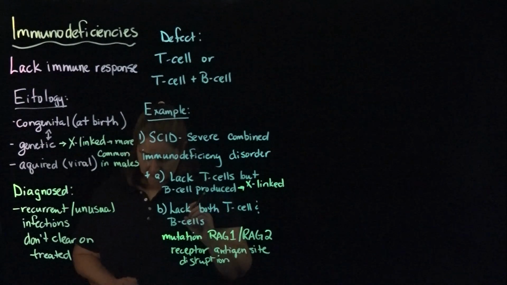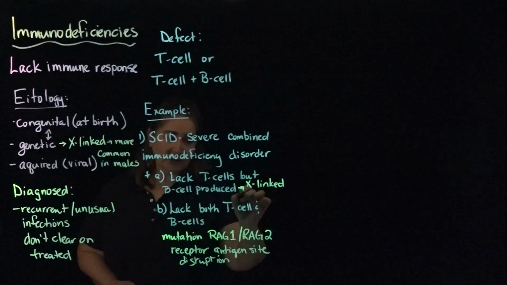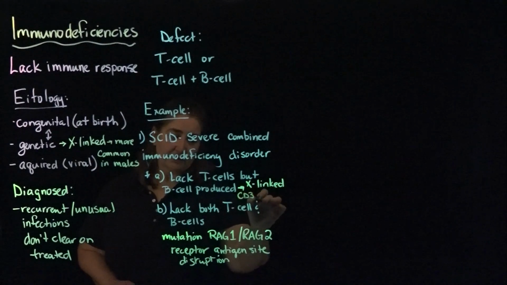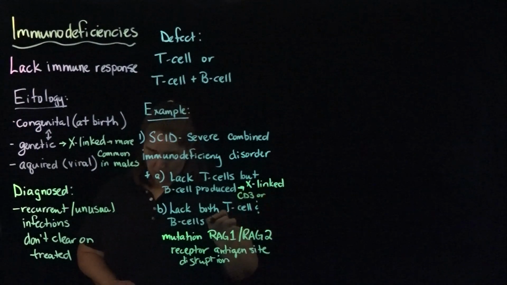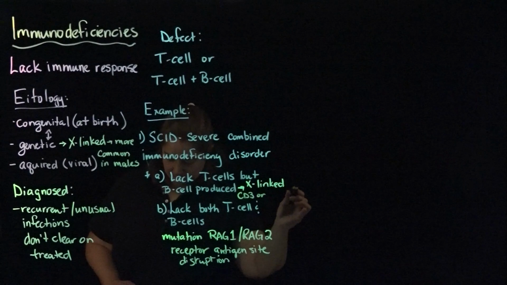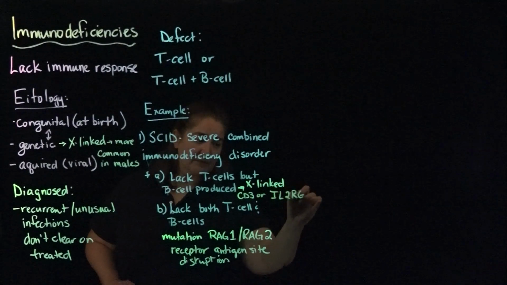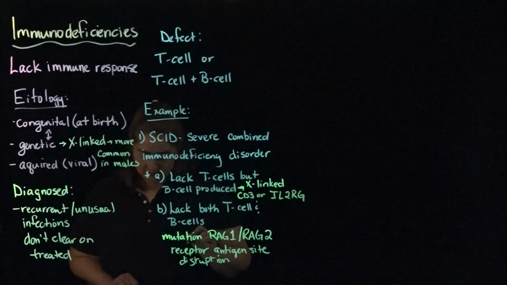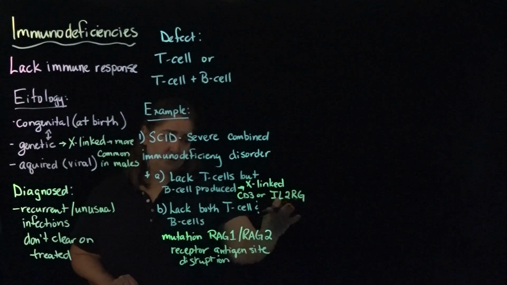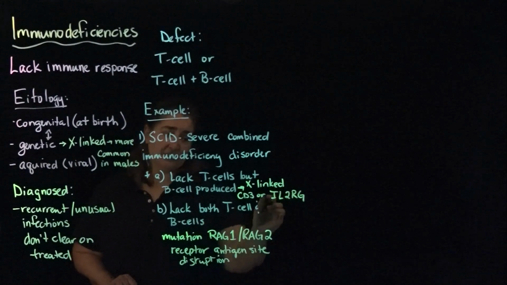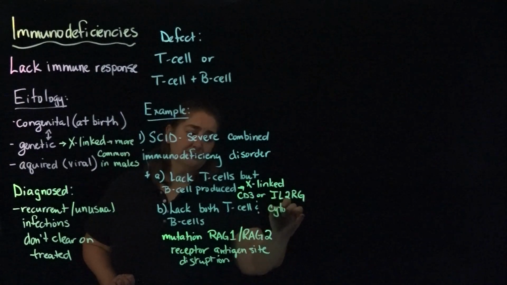And that mutation can either be in a CD3 gene or more commonly is a gene known as IL-2RG, which is going to be a cytokine receptor.